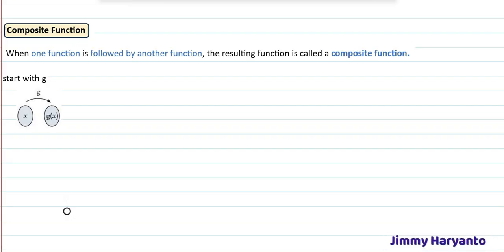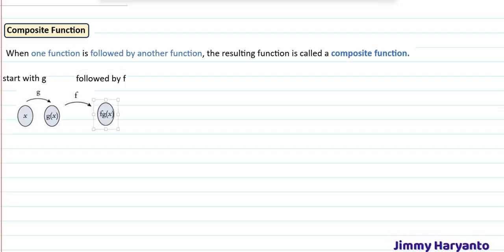And then it doesn't stop right there. We can continue with another rule, like f, followed by f, and then we will have another result for the output. Yeah, so start with g and then followed by another rule which is f. We can get the final output as f(g(x)).